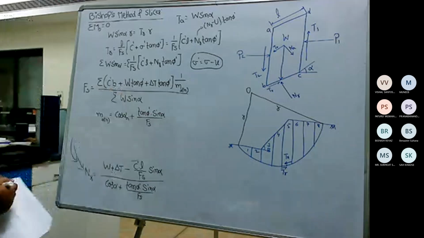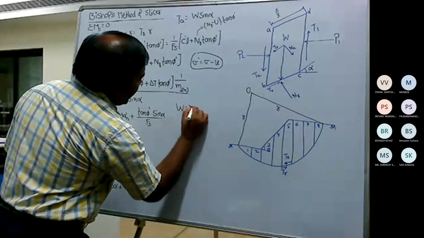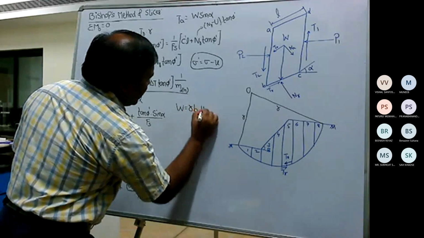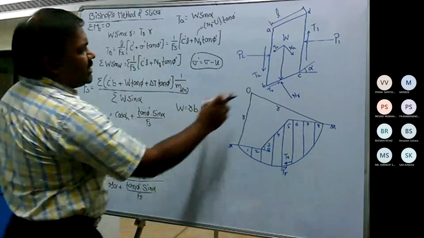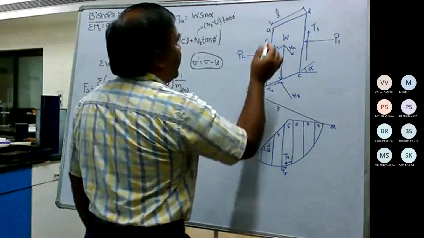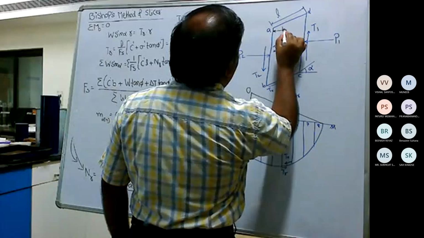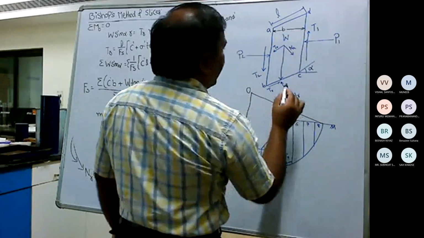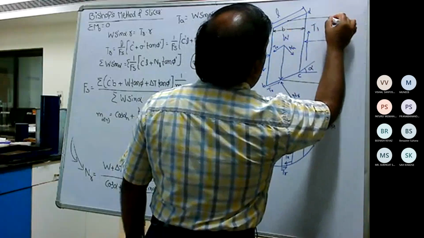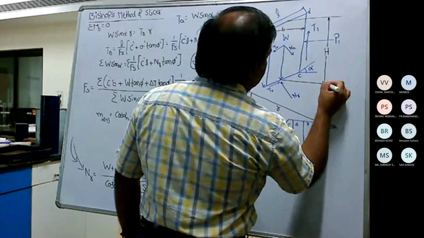The weight of each slice can be written as gamma into B into H, where B is the horizontal width of the element and H is the height or the average height of the slice.